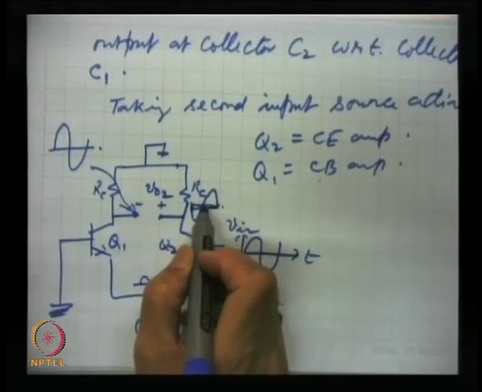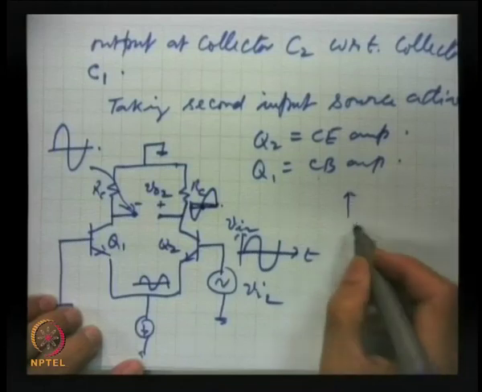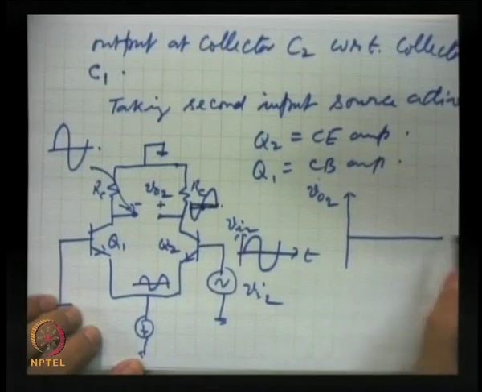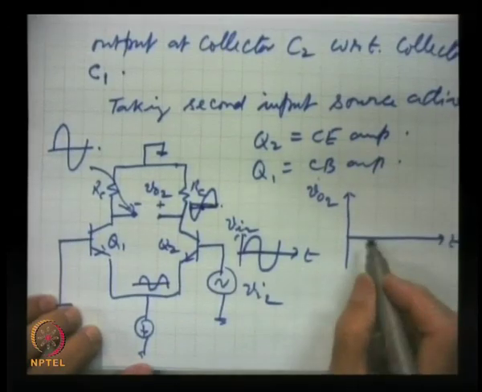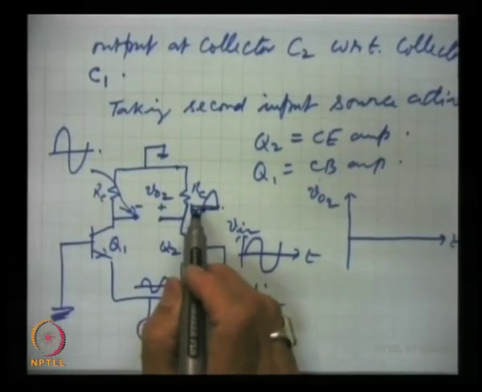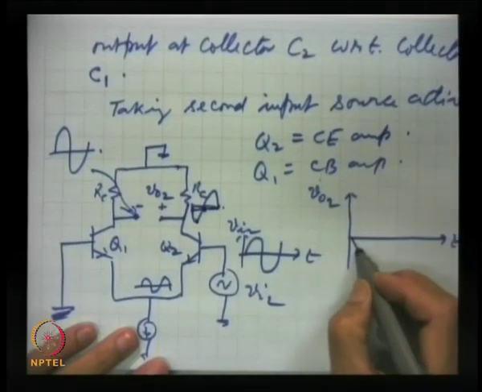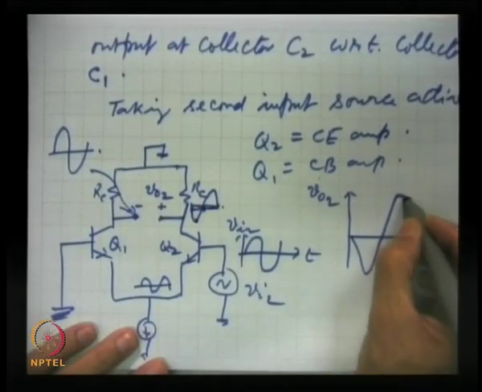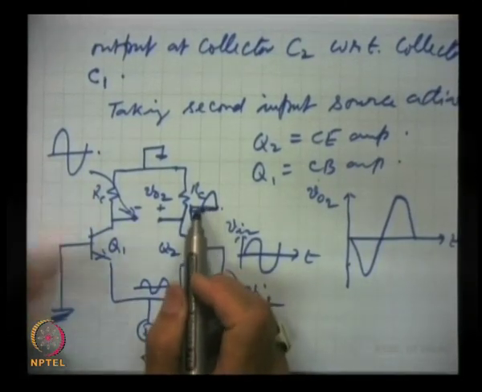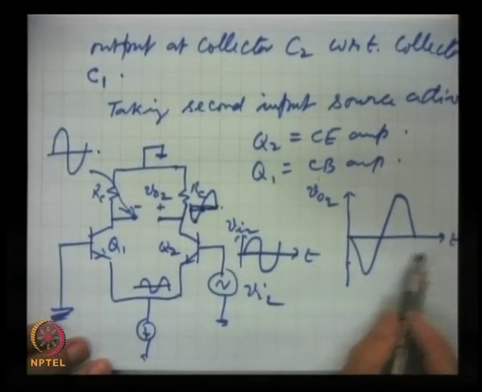When we sum up the two, remember this is C2, so this with respect to this, therefore, the output VO2 as a function of time will be, as I have told earlier in the first case, like that. When this is measured with respect to this, it is like that.